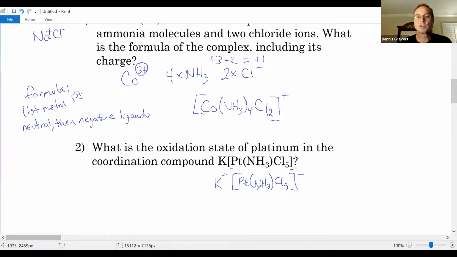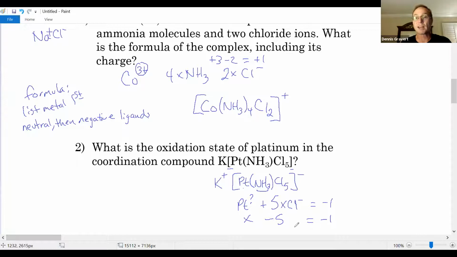Cool. What's the charge on ammonia? Well, it's up here. It has 0 charge. It's neutral. What's the charge on the chlorines? They're all -1. So there are 5 chlorides here. And there's a net charge of -1. And then platinum has some charge of X. We have 5 negatives, so X - 5 equals a net -1 charge.